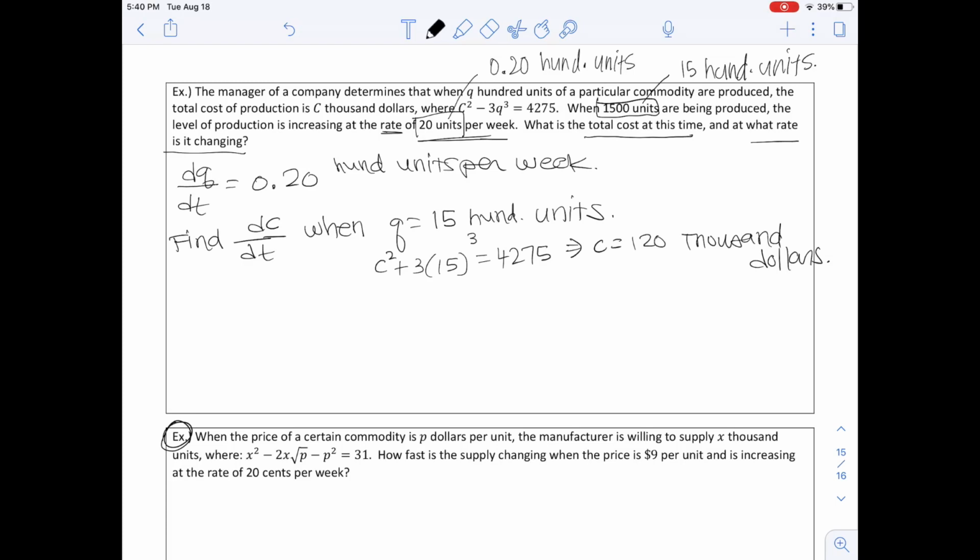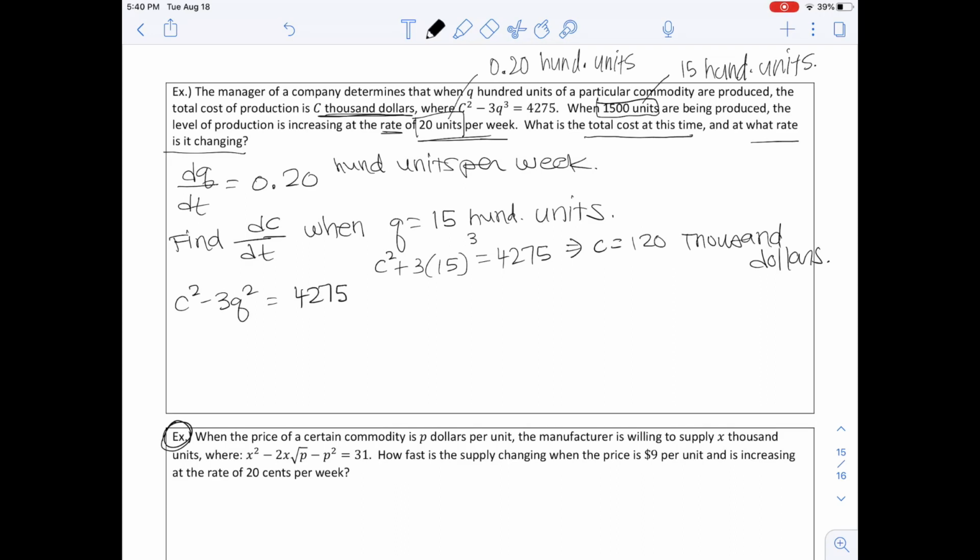So C is equal to $120,000. Again, be careful to make sure you look at those units. And so to find our rates, we have a formula that they gave us: C squared minus 3Q cubed equals 4,275.